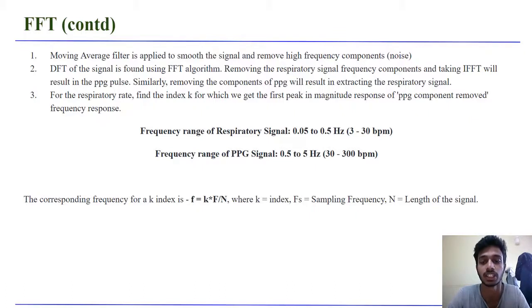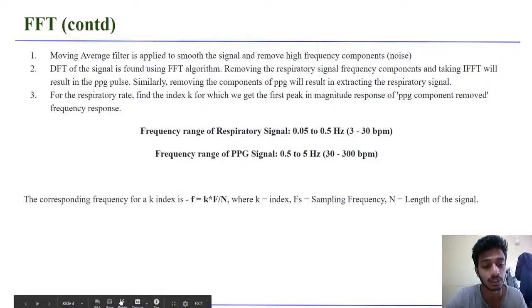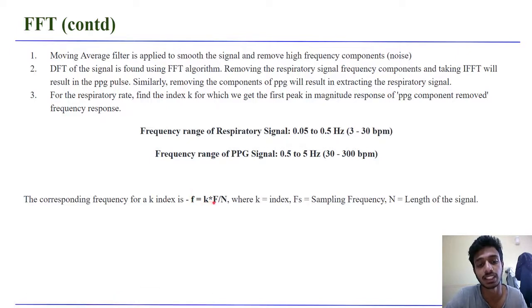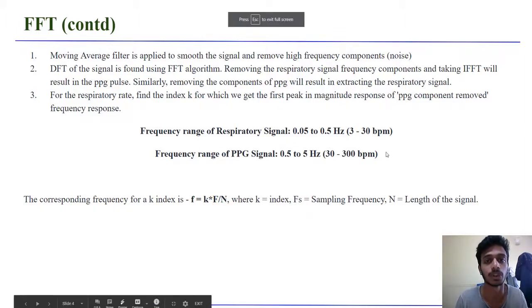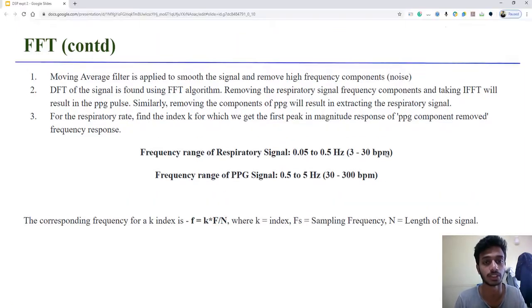For a given index k, the corresponding frequency can be computed using the following formula, where f is the frequency, k is the index, Fs is the sampling frequency, and n is the length of the signal. So let's now jump into the Arduino code.